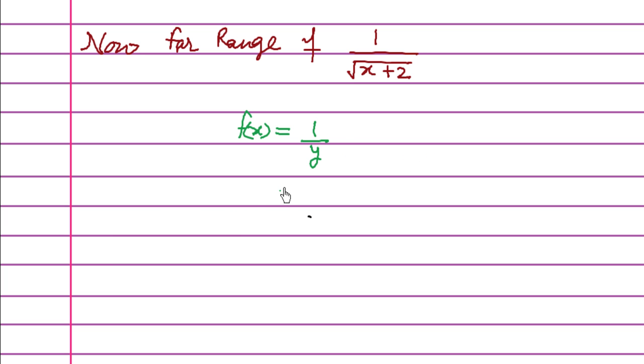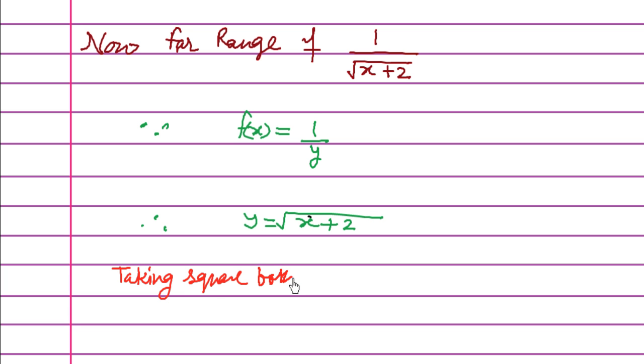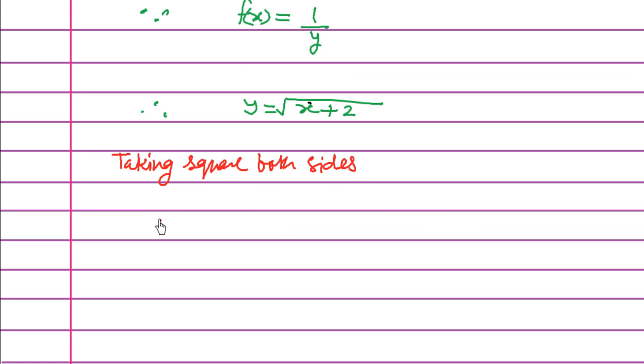So we could say that y is equal to square root of x plus 2. Taking square on both sides, we get y square is equal to x plus 2.